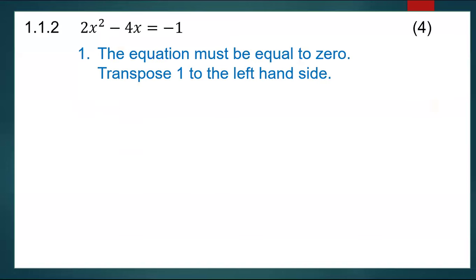Let us move to the second one, which is 1.1. Here you are given the equation, and it must be equal to 0. You need to transpose 1 to the left-hand side.